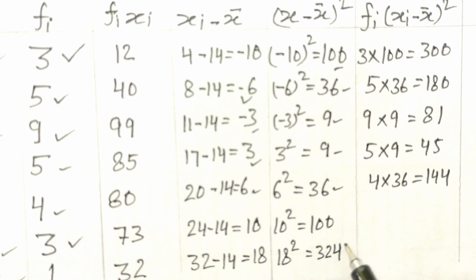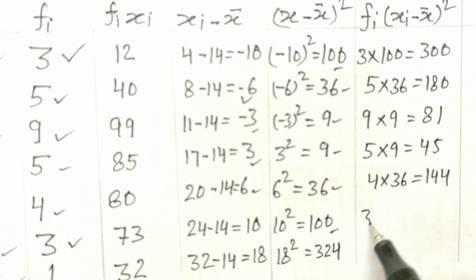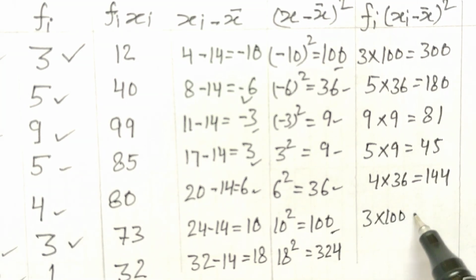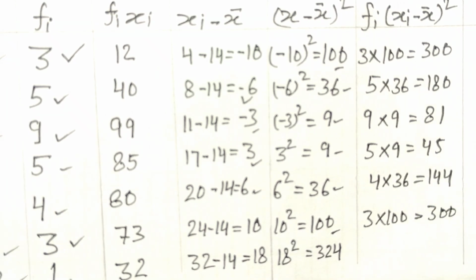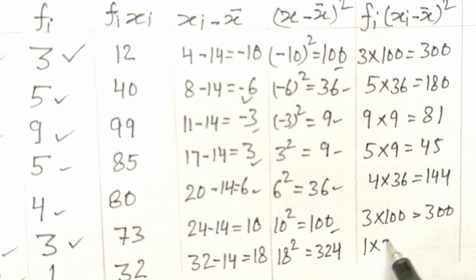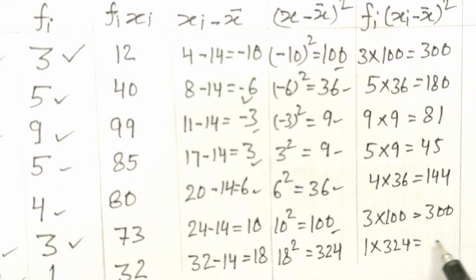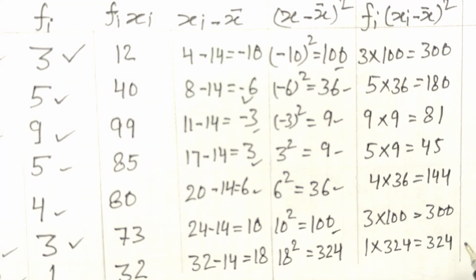Then 3 into 100 is equal to 300, and 1 into 324 is equal to 324.